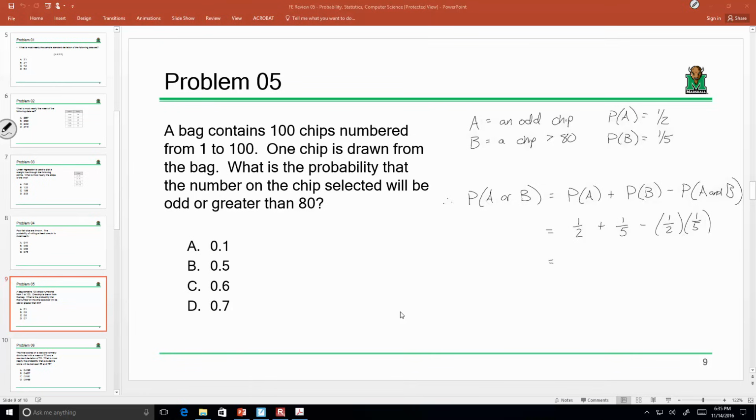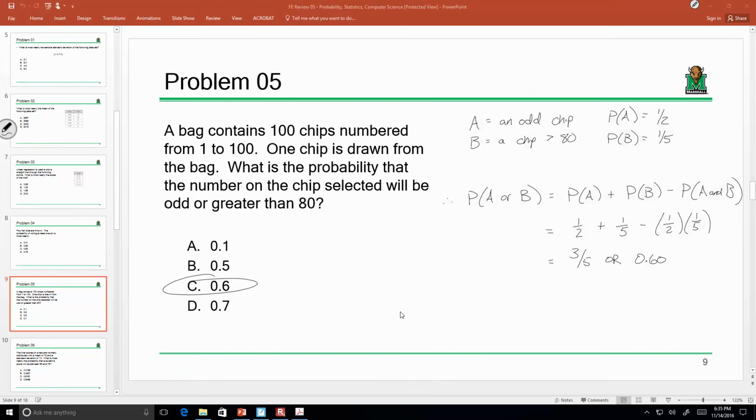First, let's just calculate that out and see what it comes out to be. Three fifths, or 0.6. Everybody okay with that?